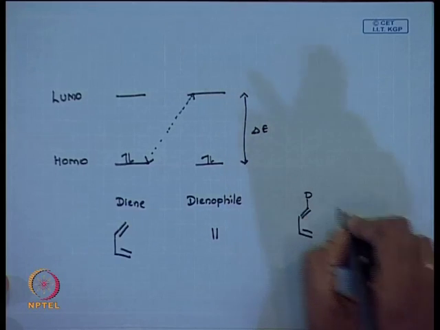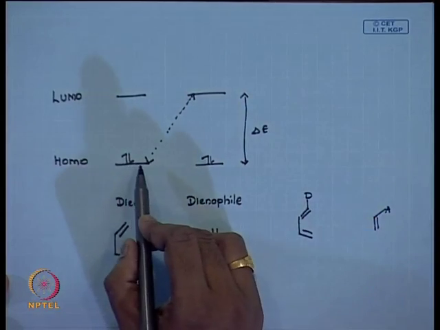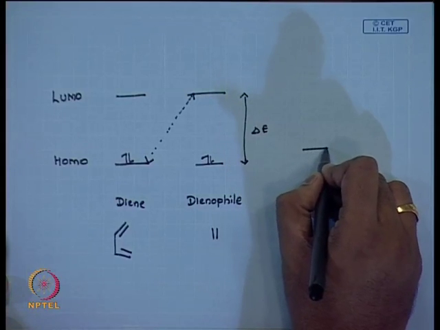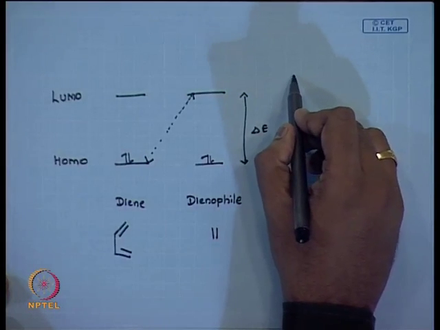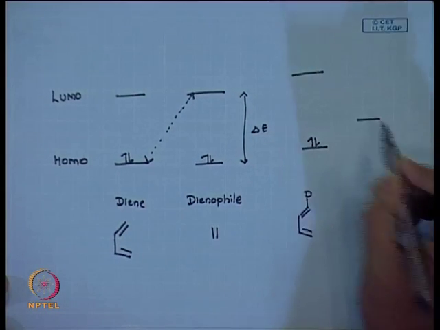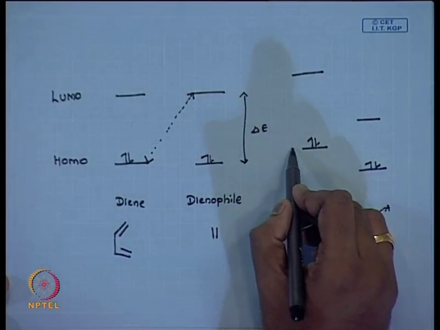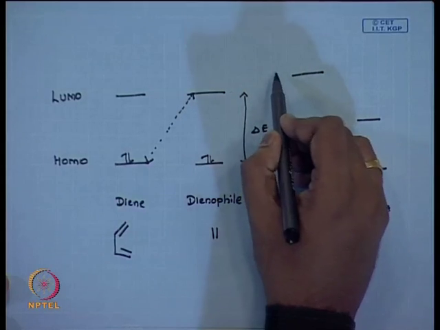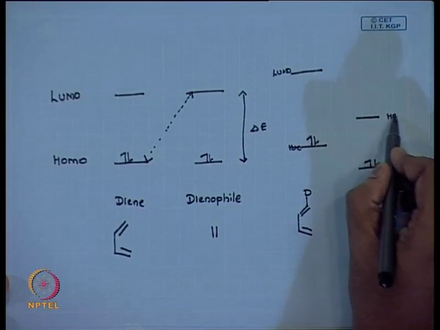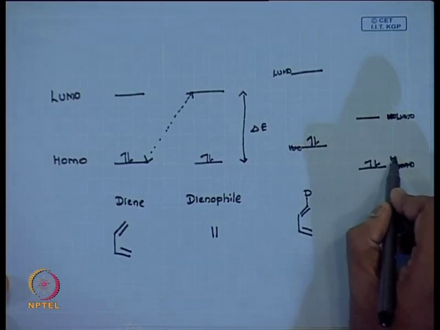With my donor and my acceptor, the HOMO will lift up once I have a donor, and in the same way your LUMO will come down. So, this is your LUMO and this is your HOMO.